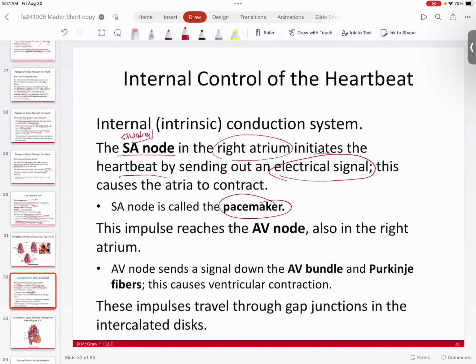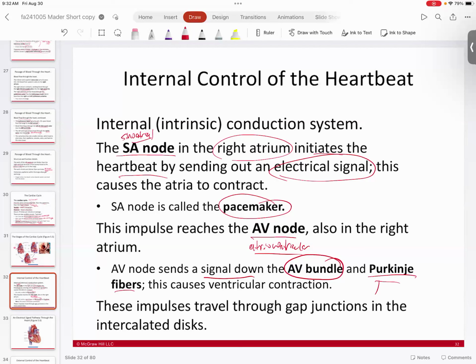Now, once the SA node sends out the signal, it sends it to another node called the AV node, which is the atrioventricular node. Also in the right atrium, but a little lower down. The AV node's job is to send the signal down what's called the AV bundle, which moves into the ventricles and then terminates in these little neural twigs, these fibers called Purkinje fibers.